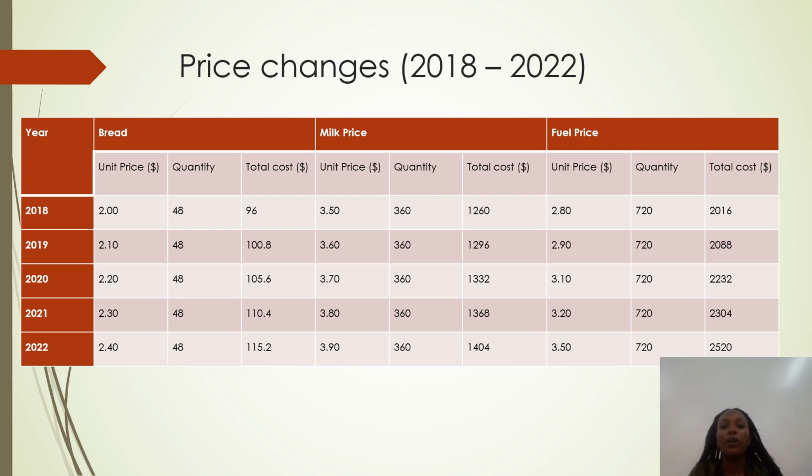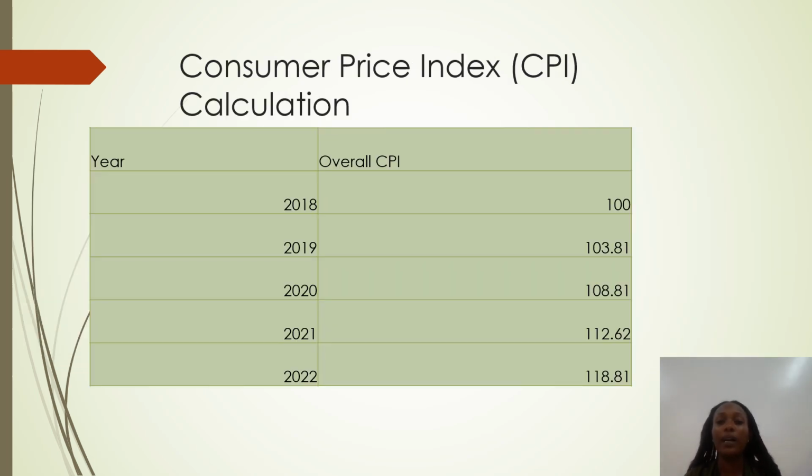So let us try to analyze this through the lens of CPI. What is CPI? CPI is the Consumer Price Index. It is a measurement used to analyze the increase in prices of goods, to see how it affects inflation. It is used to measure the inflation rate in a certain period of time.